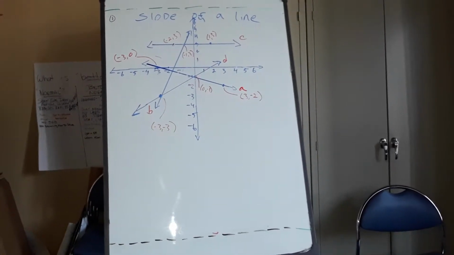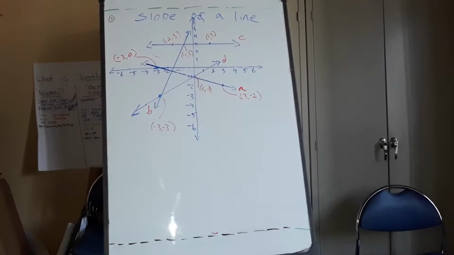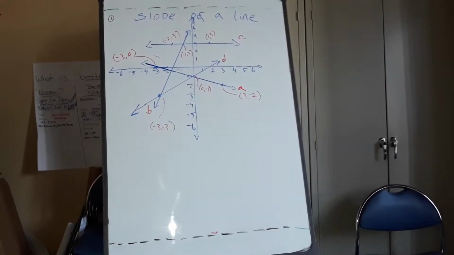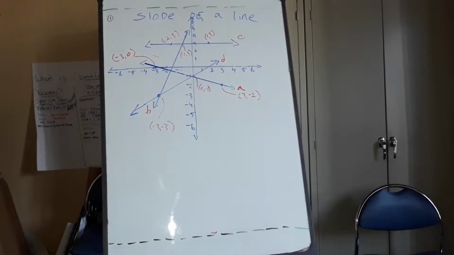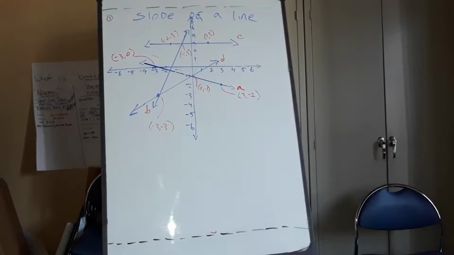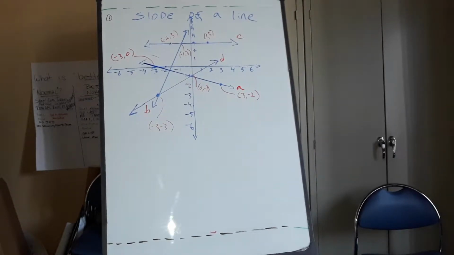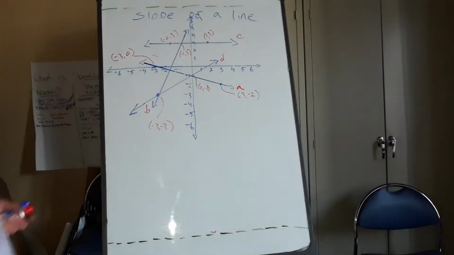Okay, so here we have a problem. This is problem number 10. I know that I skipped 4 through 9, but I'm going to go back to those. I just wanted to do this one here.